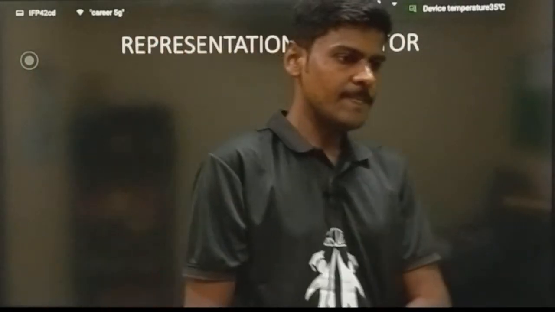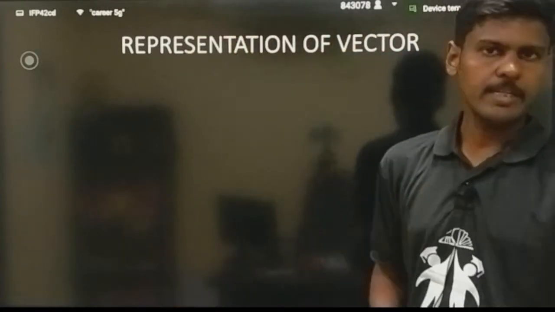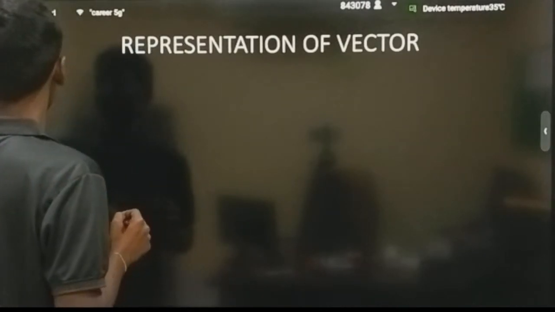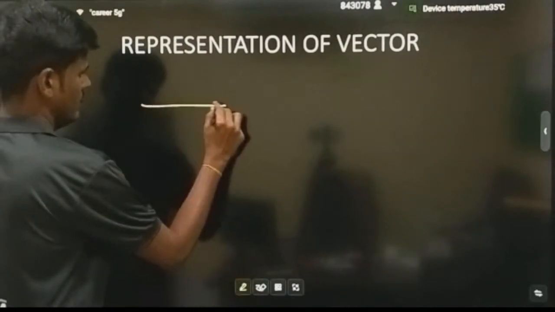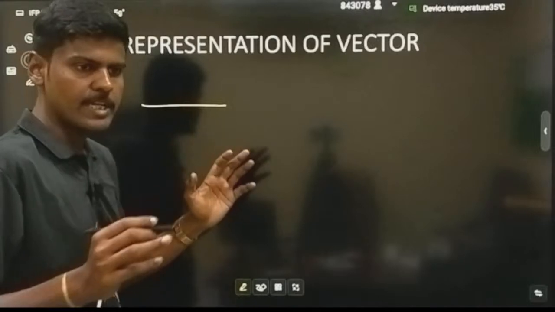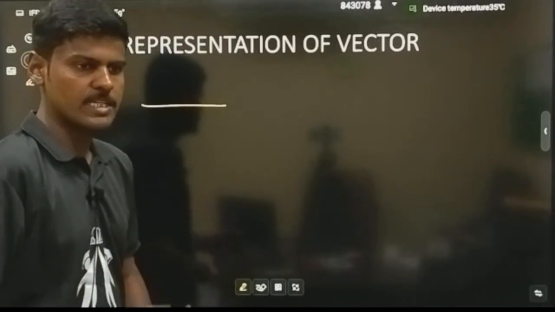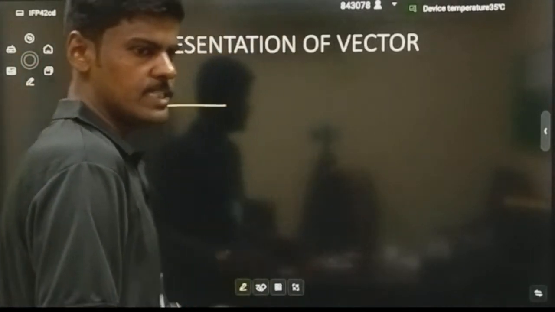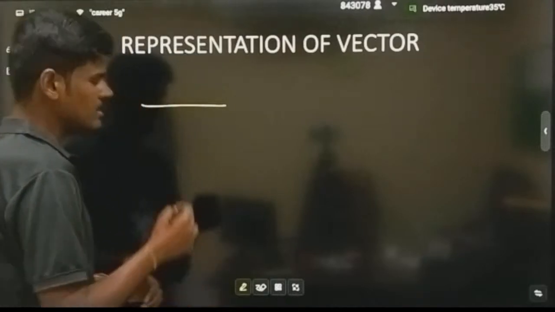Now let's see this. Here, representation of vector. We already know a vector has magnitude as well as direction.